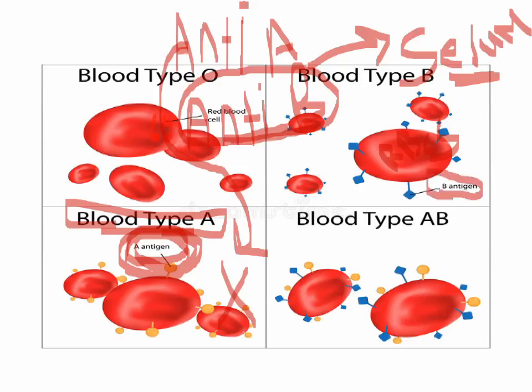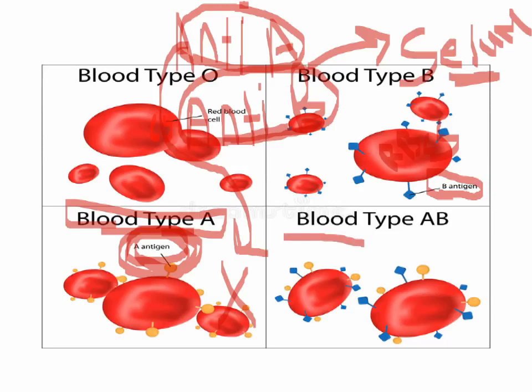So of course your body is not going to produce anti-B, which is against your self-antigen, but your body will be having the anti-A. Why does it have the anti-A? Because you don't have the antigen A expressed on the surface of the red blood cells. So the antigen A is a foreign antigen for your body. So that's why you have the anti-A.